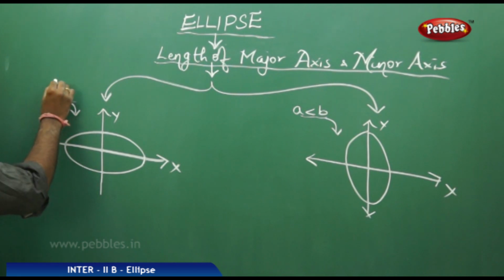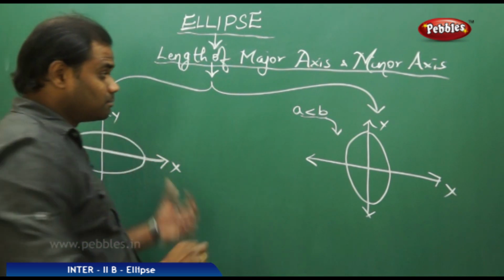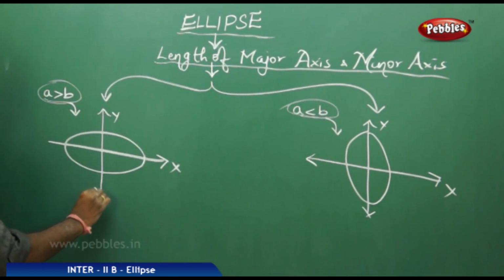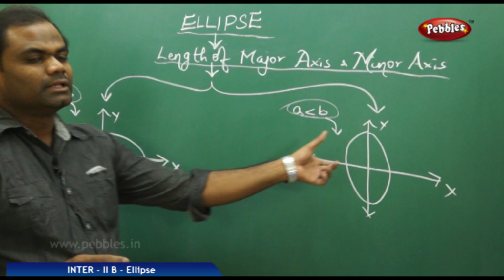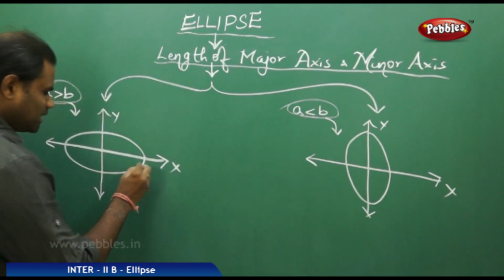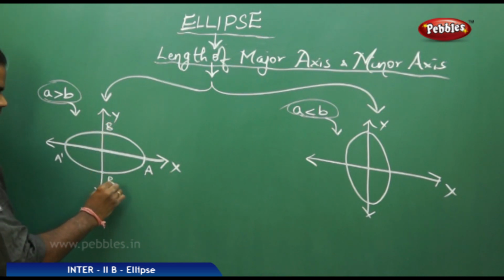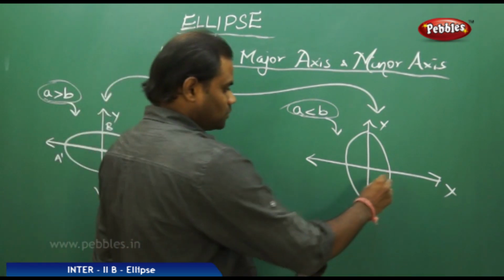So with these two cases, a greater than b and a less than b, we have two types of ellipses, one in this form and one in this form. So here, as we have seen clearly, that this is a dash and b dash, and similarly out here.